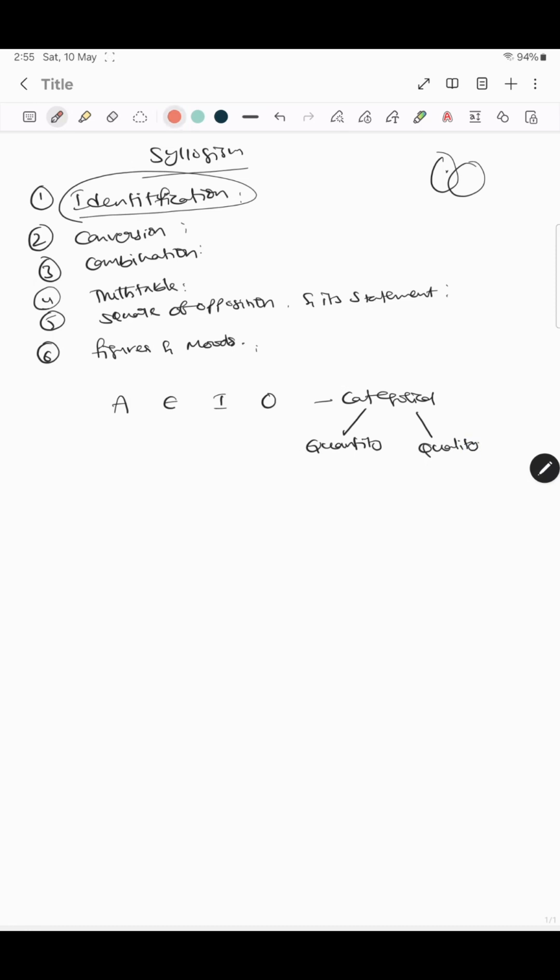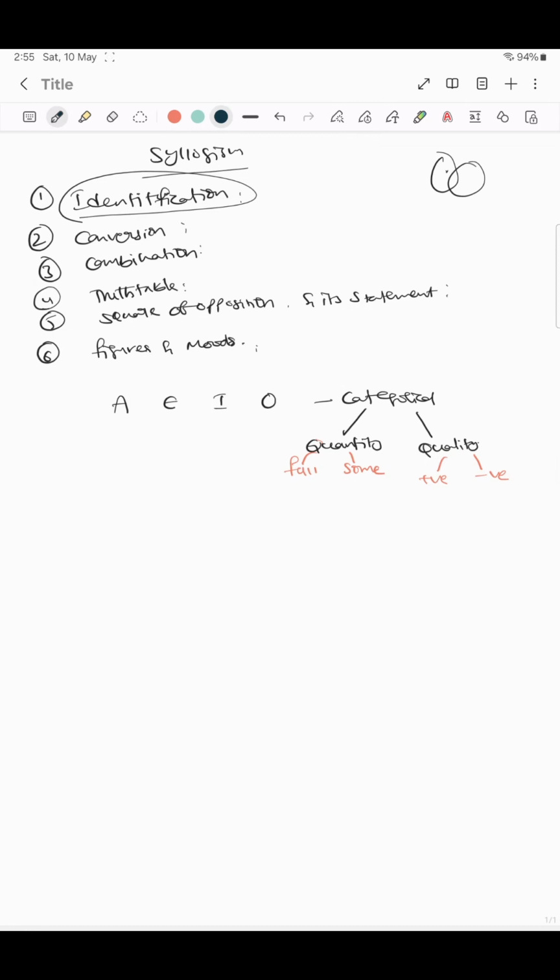Quantity has 2 types, full quantity and some quantity, and quality has 2 types, positive and negative. This is how we have categorized the propositions, so they are called categorical propositions.